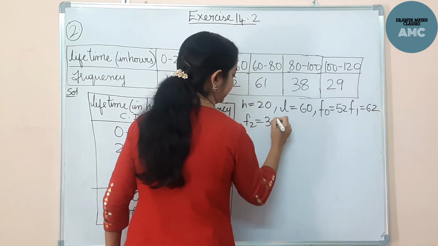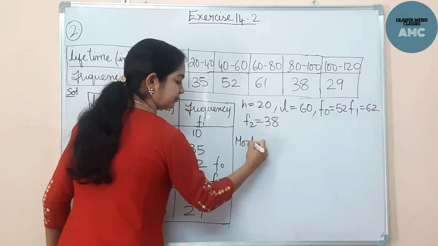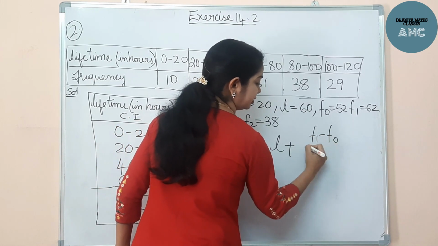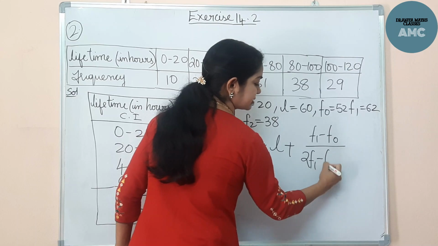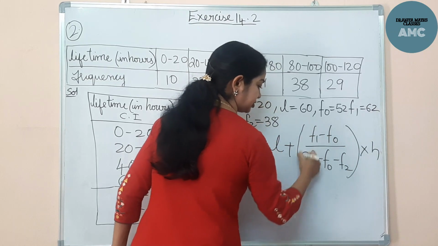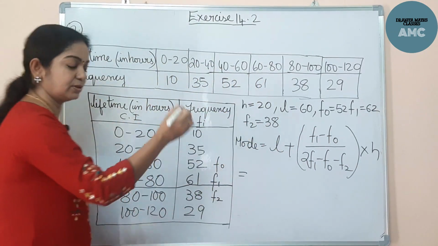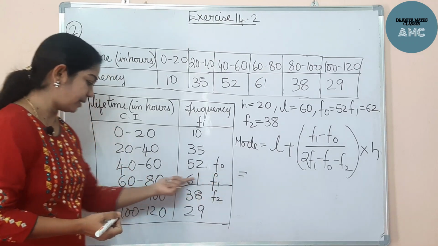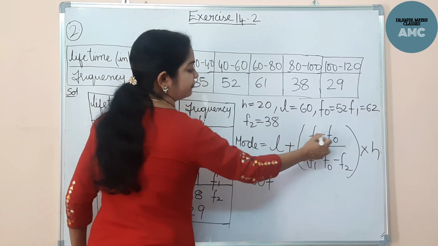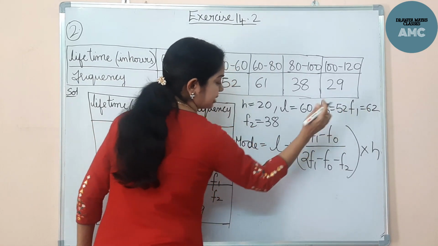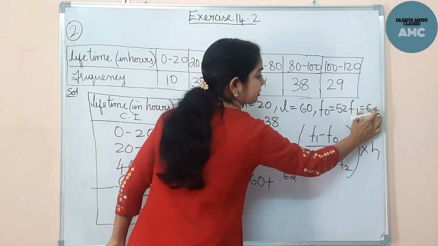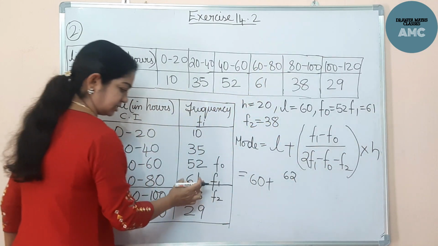So F0 is 52, F1 is 61 and F2 is 38. So the formula of mode is equal to L plus (F1 minus F0) by (2F1 minus F0 minus F2) multiplied by the H. Now we will substitute the values. L here is the lower boundary of the modal class, that is 60. 60 plus F1 minus F0, F1 is 61.